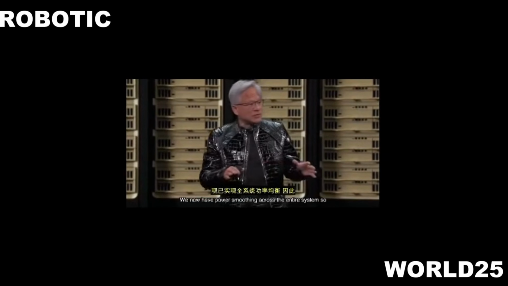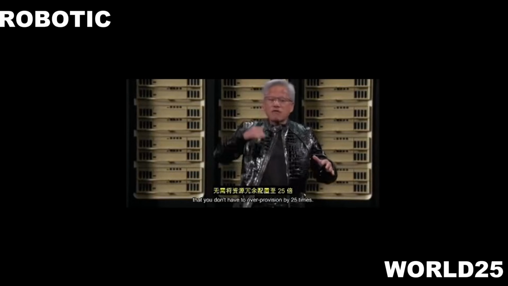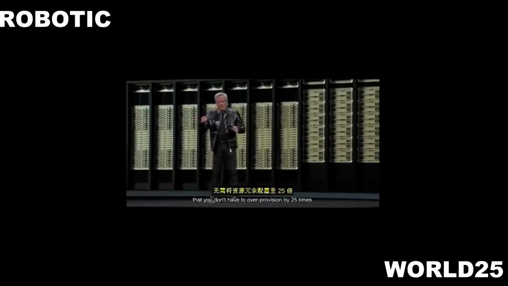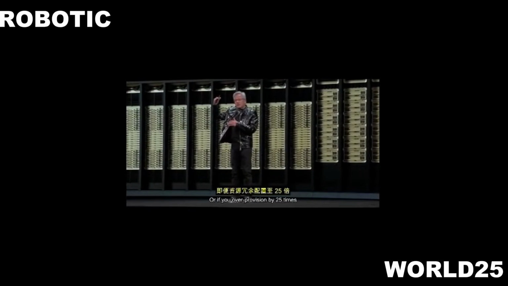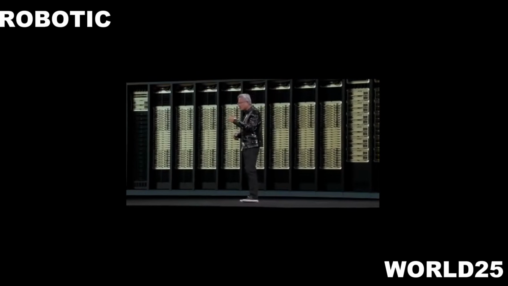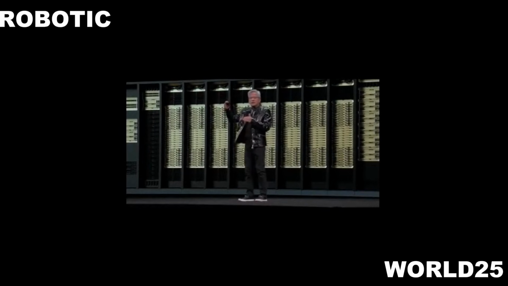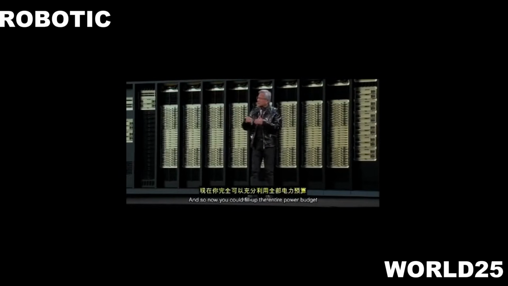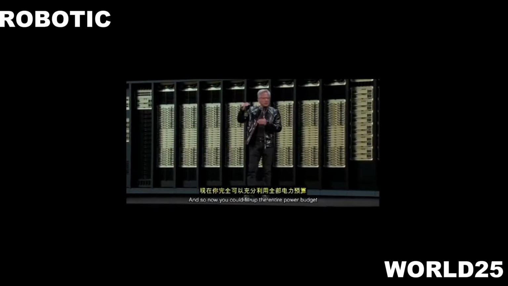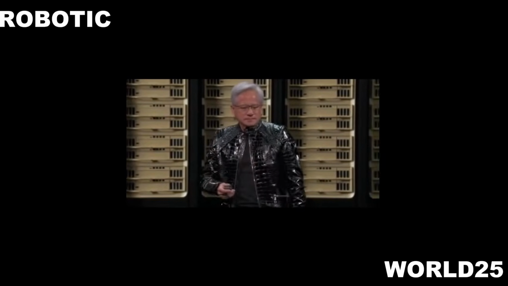We now have power smoothing across the entire system so that you don't have to over-provision by 25 times, or if you over-provision, you don't have to leave 25%, not 25 times, 25% of the energy squandered or unused. And so now you could fill up the entire power budget, and you don't have to provision beyond that.